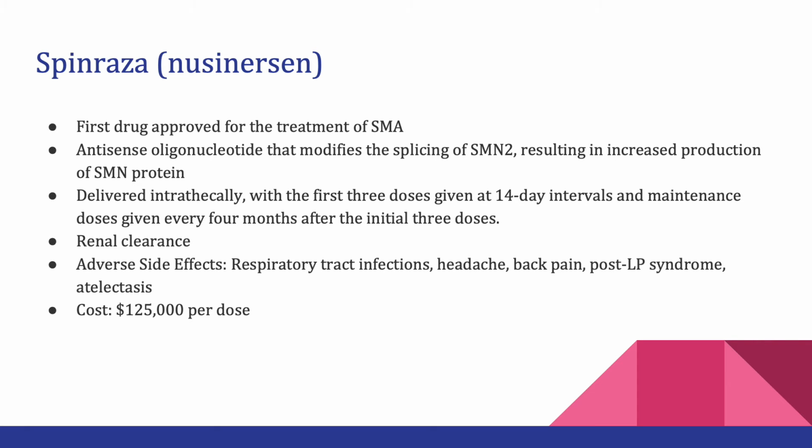There are several potential side effects of the medication: respiratory tract infections, headache, back pain, post-lumbar puncture syndrome, and atelectasis. Also, it costs about $125,000 a dose, which would equal approximately $750,000 for the first year and $375,000 every other year that you're on that medication.